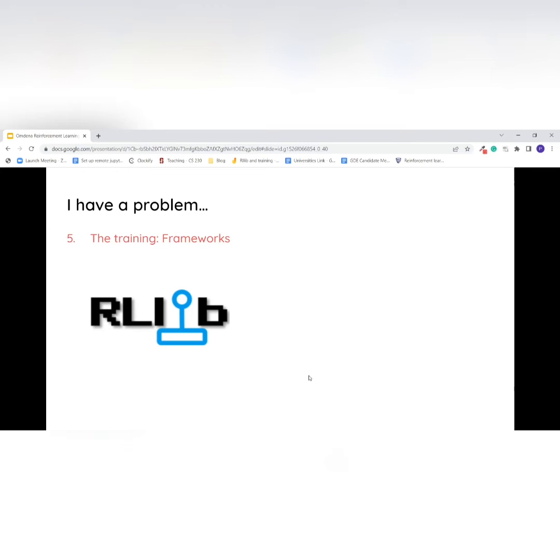A good thing is that it includes implementations in both TensorFlow and PyTorch. For example, if I want to compare different algorithms, let's say between DQN and PPO, this library has both implemented. I will only need to create the environment using OpenAI Gym.